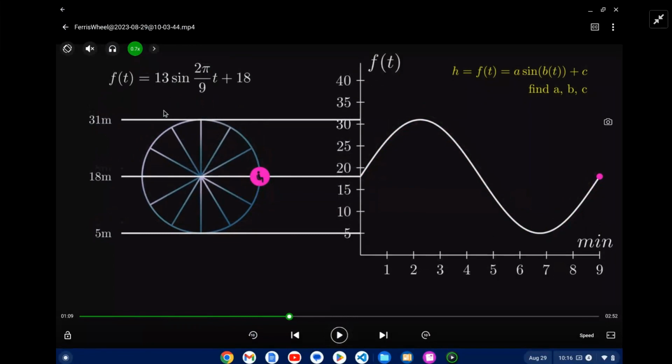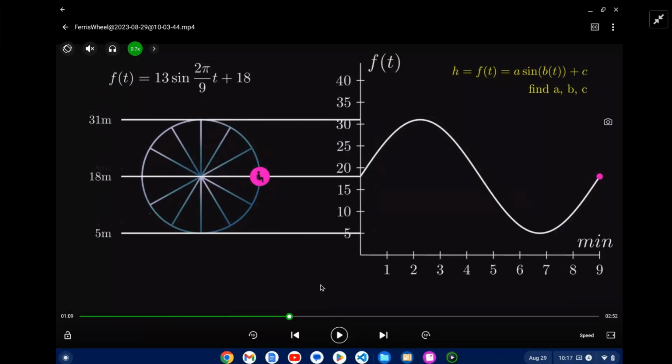So 13 is the radius, or you can think of it, it's the distance from the midline to the maximum. The frequency is 2 pi divided by the period. The period is 9 minutes. It takes 9 minutes to finish a full circle. The midline is 5 plus the radius. Also think of it as the vertical shift.